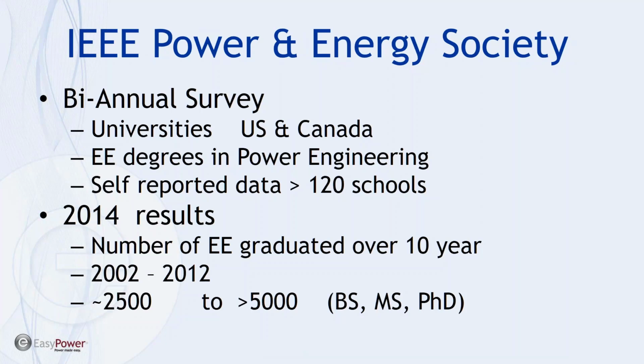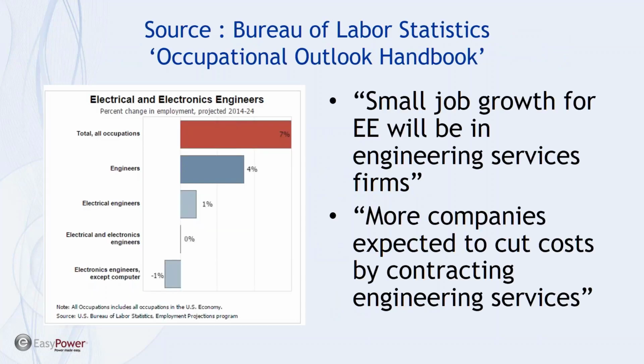If you look at what's coming out of the schools and universities, there's a projection of roughly an average of anywhere from 2,500 to 5,000 graduates per year, which roughly equates to the numbers anticipated as far as requiring replacement.